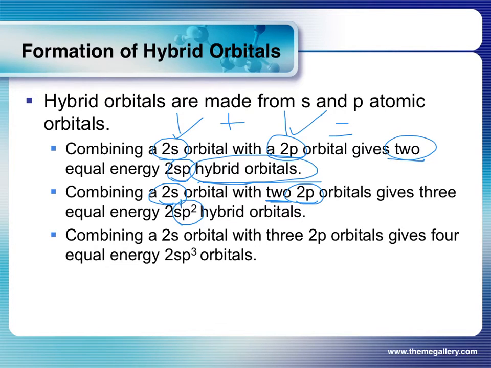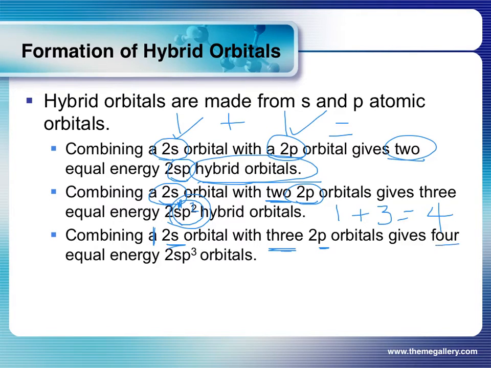Assume there's an exponent of 1 above the s. It's one s orbital and two p orbitals, which is exactly what they're made from. Again, if you combine one s orbital and three p orbitals, we better end up with 4 hybrid orbitals.